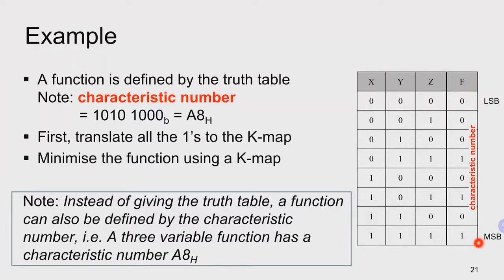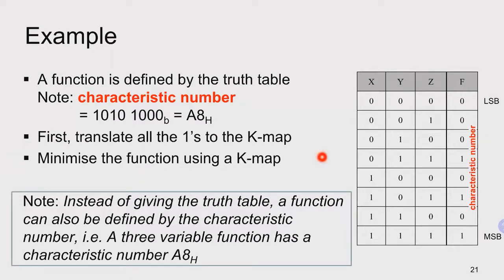If we list the function outputs as a binary number, with the bits here as the most significant bits and here as the least significant bits, we call this the characteristic number.